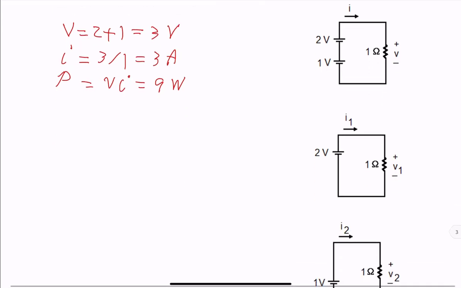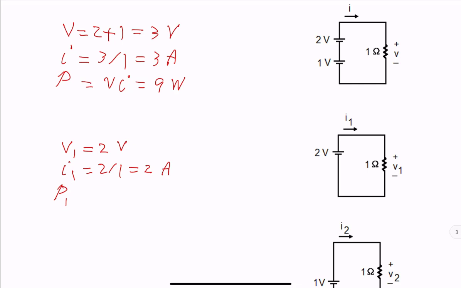And next, let's do superposition. Keep the first source, the 2 volt first. V1, call it V1 now, is 2. I1 is 2 divided by 1 ohm, 2 amps.